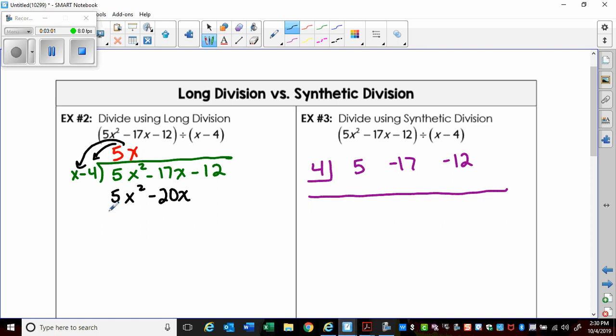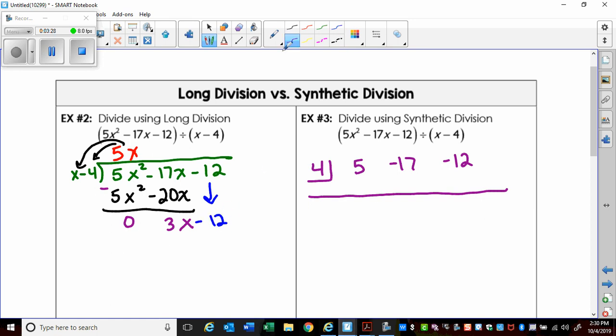Alright, now what I'm doing is I'm subtracting. 5x squared minus 5x squared is 0, that's what we want. Now, negative 17x minus a negative 20x is going to be a positive 3x. And then we just bring down the next number, which is negative 12.